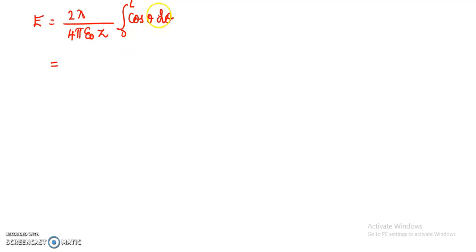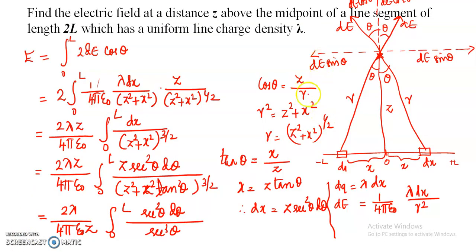We know that the integral of cos theta is sin theta. So it becomes 2 lambda divided by 4 pi epsilon 0 z into sin theta from 0 to L. From the previous figure, we can see that sin theta equals opposite side by adjacent side, that is opposite side is x, adjacent side is r.